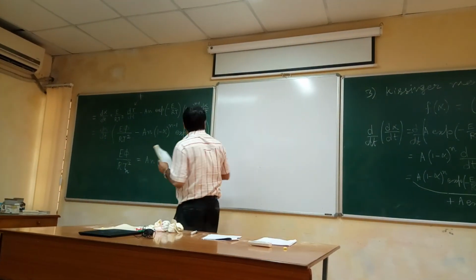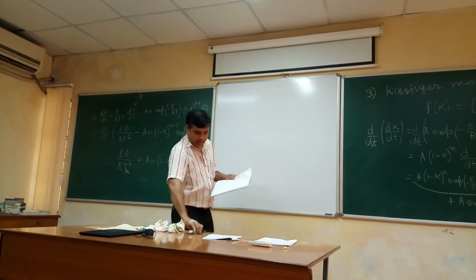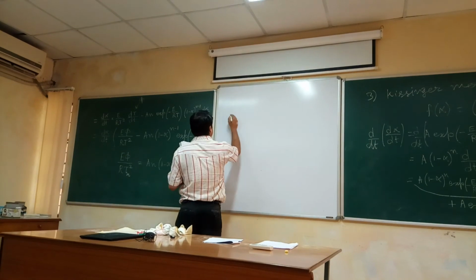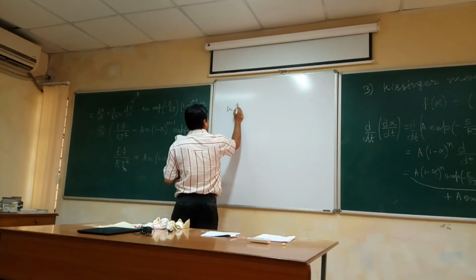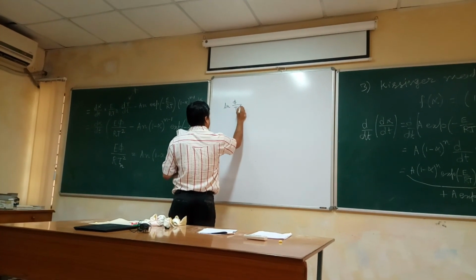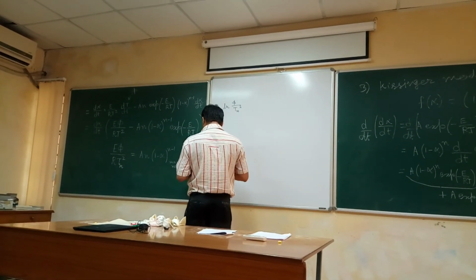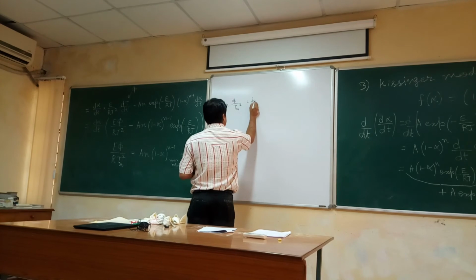So if you take ln on both sides, ln of phi over Tm square, ln of.